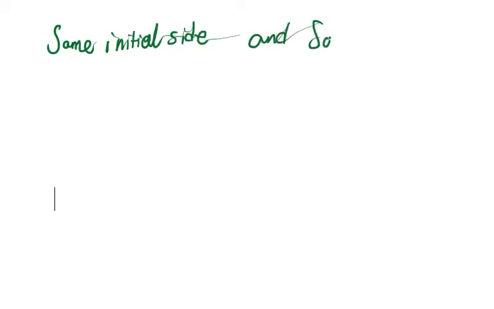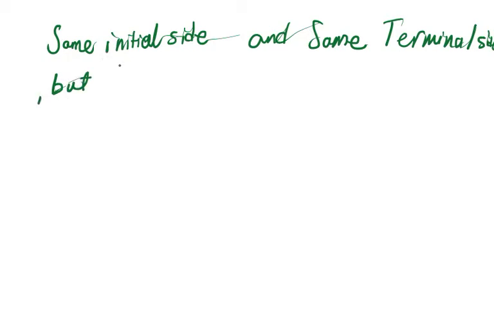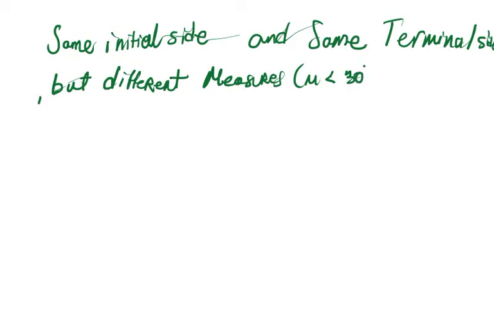So same initial side and same terminal side, but different measures. So let's say the measure of an angle is 30, and another angle would measure 460 degrees, just for example.